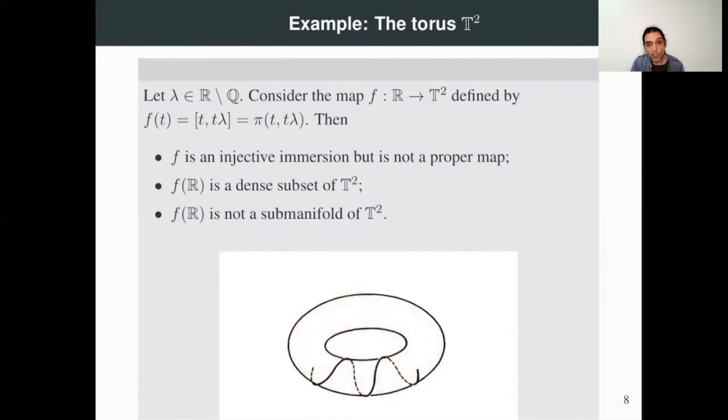We're not going through the same point twice, but still, it is going to be dense, okay? So immersions can be really bad, at least in this sense of trying to understand if the image is a submanifold. The answer is not even close.